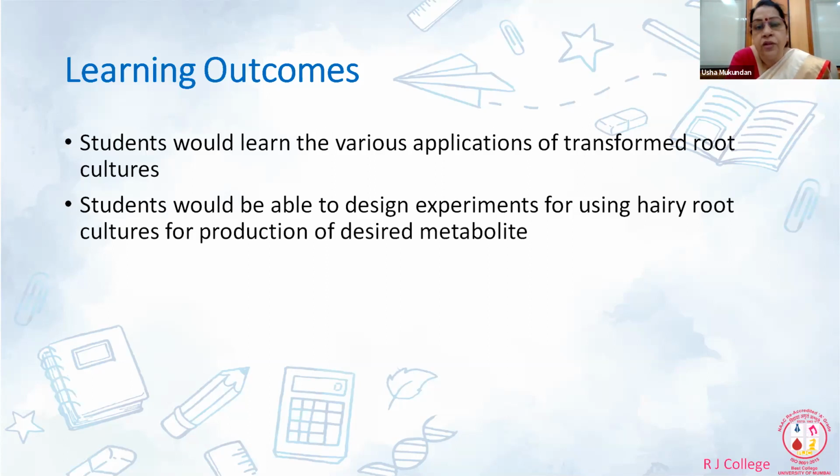Now, these studies need not be limited only to extraction and analysis of fine chemicals. It can be enhancing production. It can be standardizing a protocol in terms of media, the amount of oxygen which is available, or a bioreactor design to scale up these root cultures.